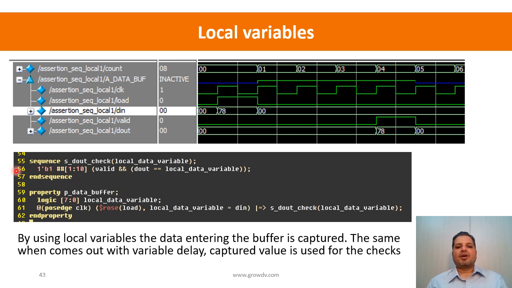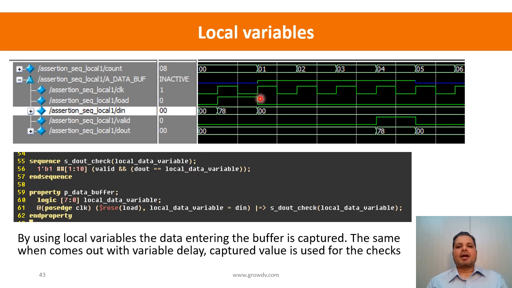So it means that between 1 to 10 clock events from the point that this sequence gets triggered, we are expecting the valid to get asserted, and along with that the data out signal, the value should match with whatever I have captured with the local data variable. So the local data variable was captured when the load was performed from 1 to 10 clock cycle before this point, and then that is what we are checking over here.